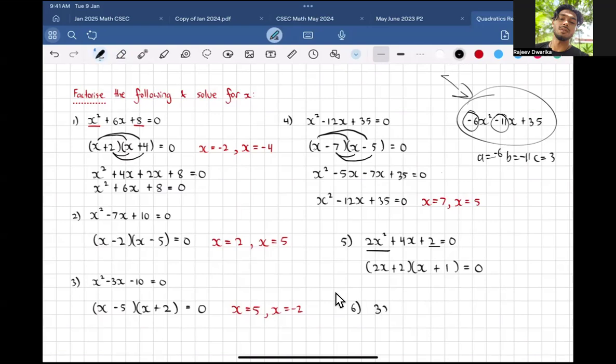I want you all to try to factorize 3x squared plus 4x plus 1. Amy, did you figure out minus 6x squared minus 11x plus 35 using factorization? Yeah, I used the quadratic formula, but yes, I used factorization.